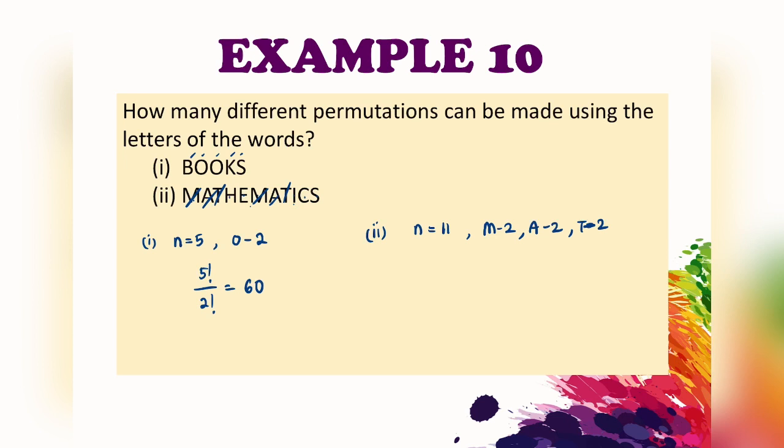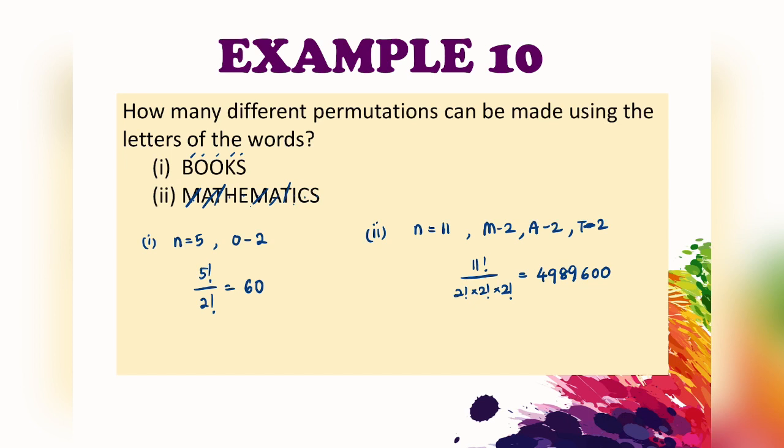Now, the number of permutations will be 11 factorial divided by 2 factorial multiplied by 2 factorial multiplied by 2 factorial, and we are going to get 4989600. One more thing.